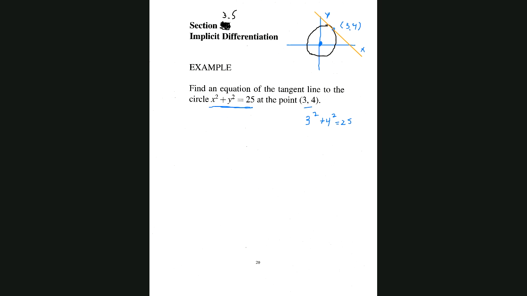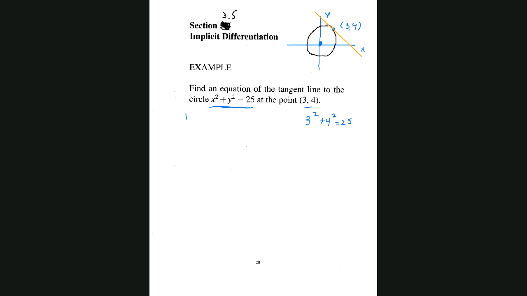So again, now we're presented with the issue. If I want to find the equation of a tangent line, what do we need to find? Got to find the slope. And finding the slope is the same as finding the derivative.